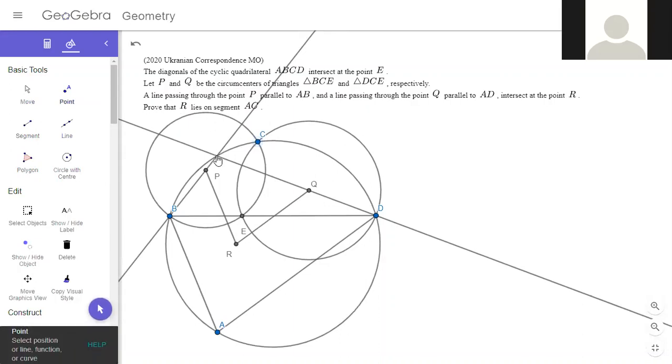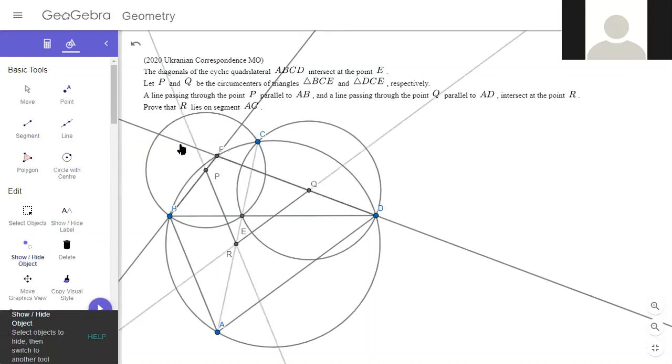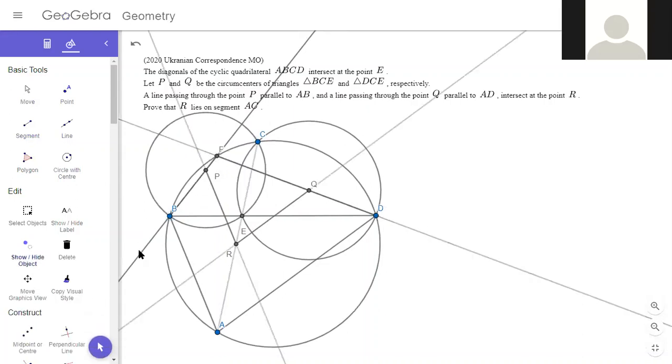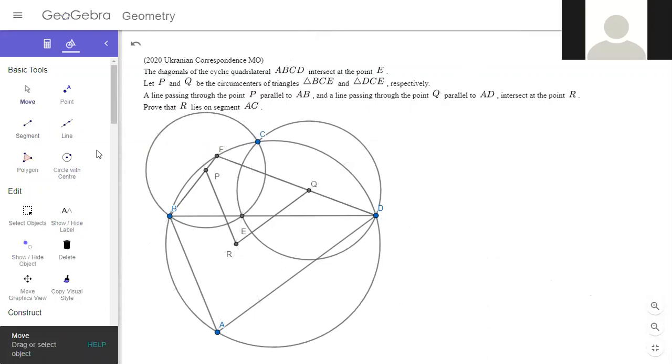Yeah, maybe it's the radical axis theorem also. Just trying to think.